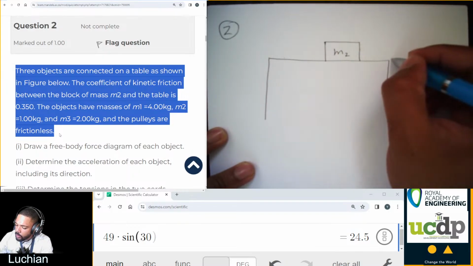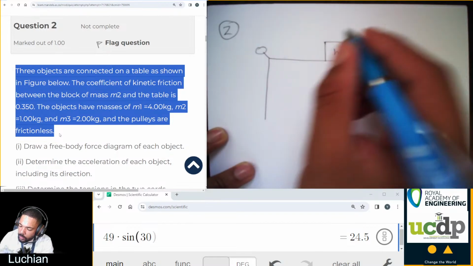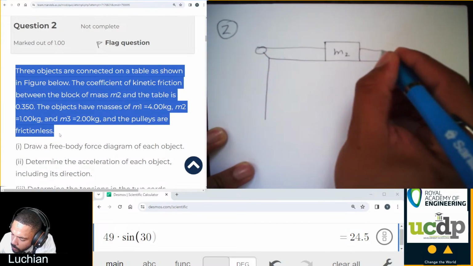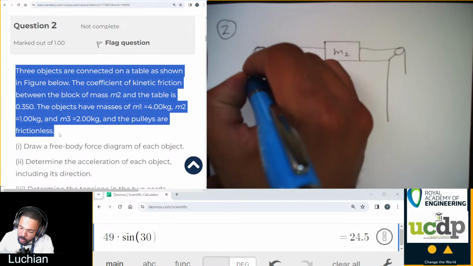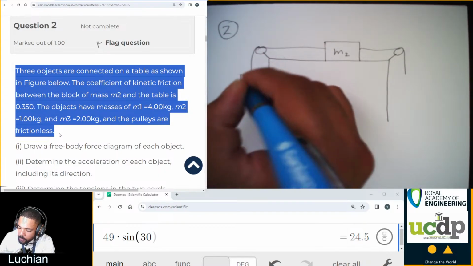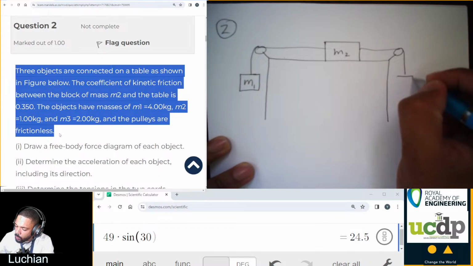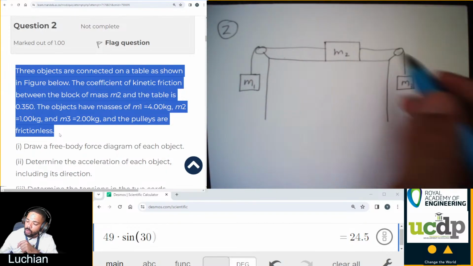Then it is connected via a pulley to two other masses. This is M1 and this is M2. Oh, sorry, this is M3 now. This is M2. So we have M1, M2, and M3.